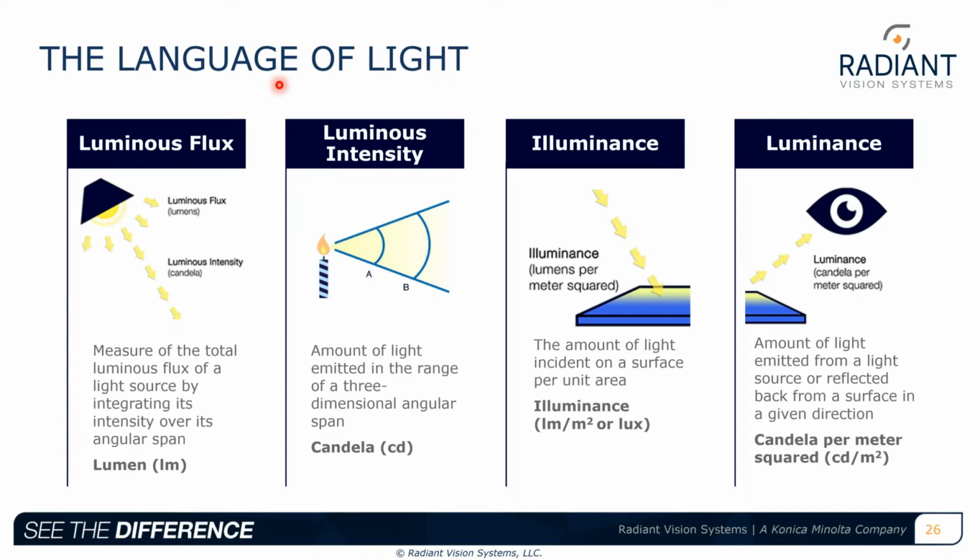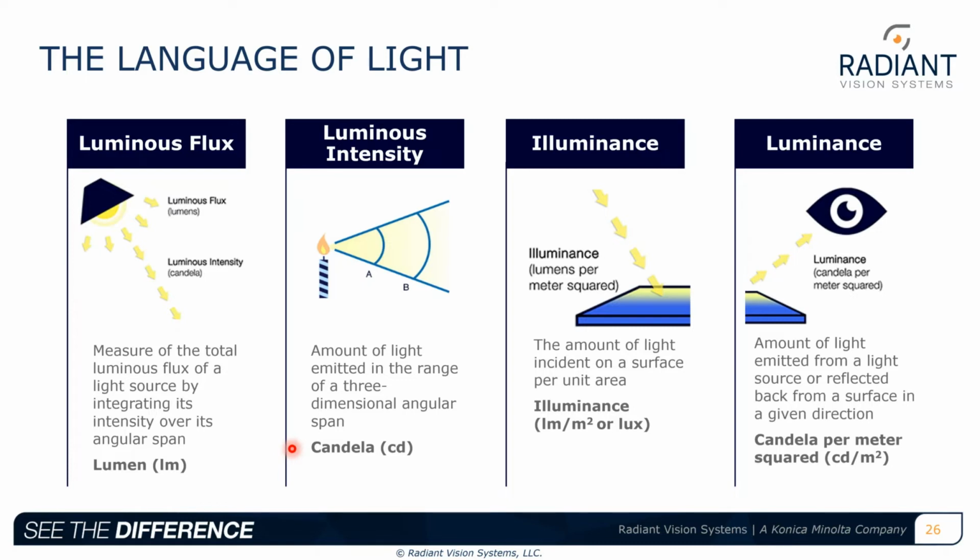This can be defined by the luminous intensity. The luminous intensity is the amount of light emitted in the range of a three-dimensional angular span. The unit is candela, which is lumens per steradian, where steradian is a unit solid angle. The luminous intensity of a device also is typically reported as a distribution.